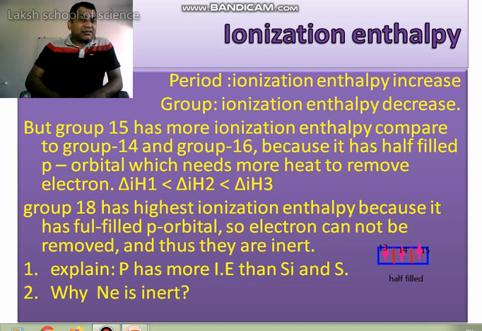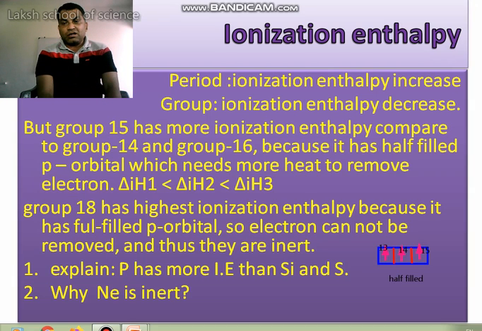That's why group 15 has the half filled electronic configuration, and its ionization enthalpy is more than that of the 14th and 16th groups. Now, the energy required to remove the first electron is always less than that to remove the second electron, and always less than for the third.